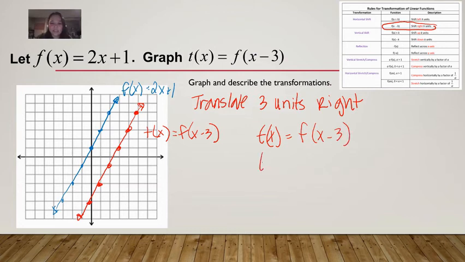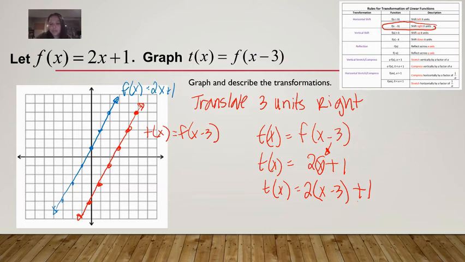All right, so t of x is equal to me taking the function 2x plus 1, but instead of x, I'm going to plug in x minus 3. So this would be t of x equals 2 times the quantity of x minus 3, plus 1. So our equation is t of x equals, distribute, 2x minus 6 plus 1, and then we get t of x equals 2x minus 5.